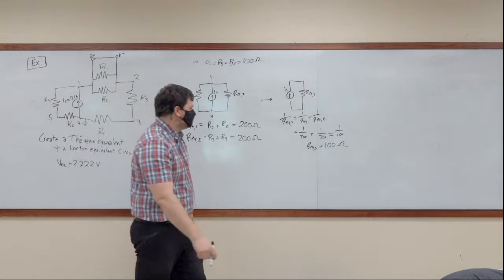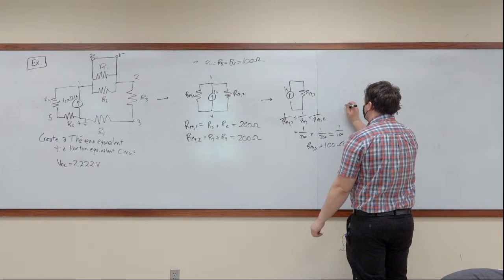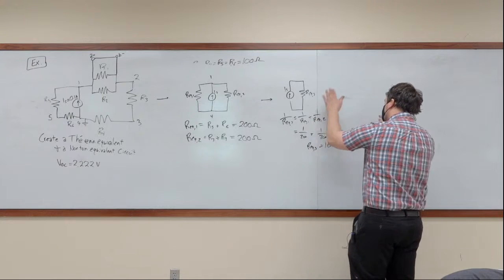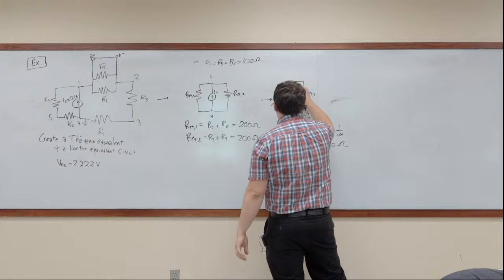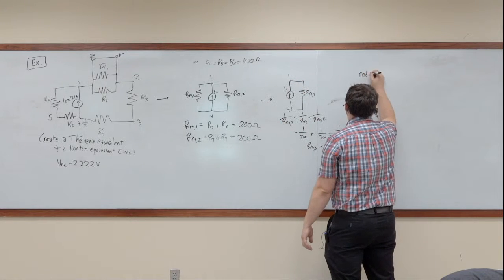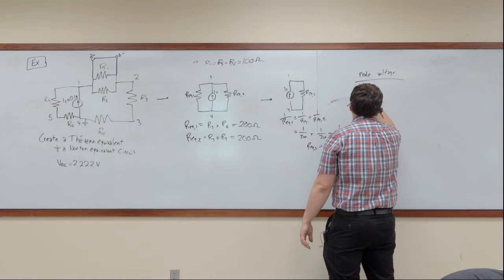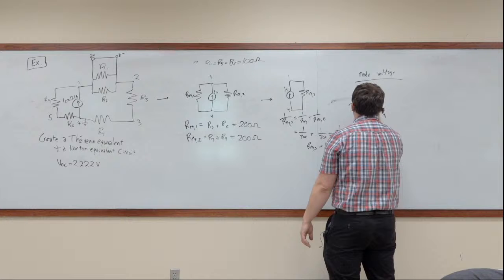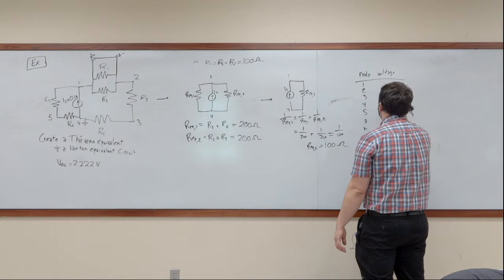All right, so now that we have that, we step back into the system. We know the current, we know the voltage between 1 and 4. If we were writing out our node voltage table here for this part of the problem, we've got 1, 2, 3, 4, 5, A, B. We know 4 is at 0.